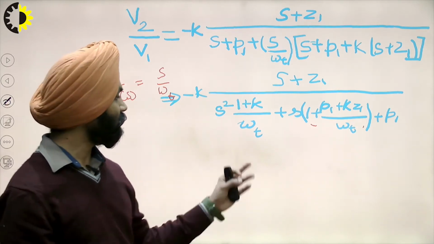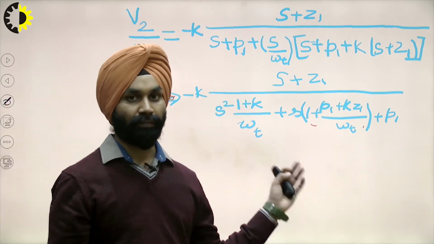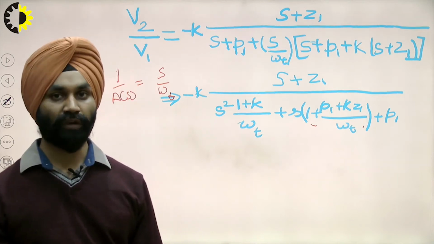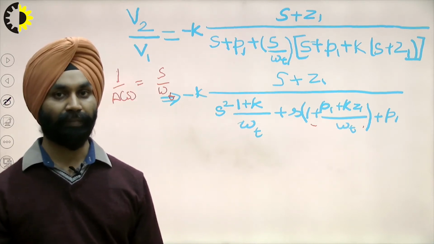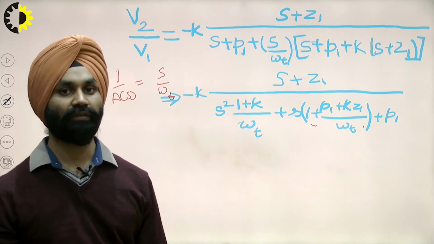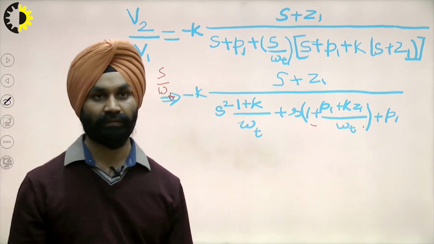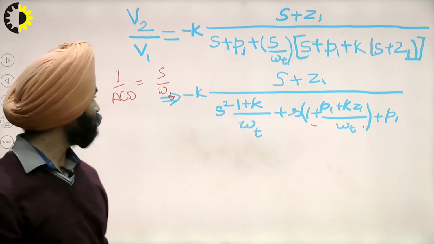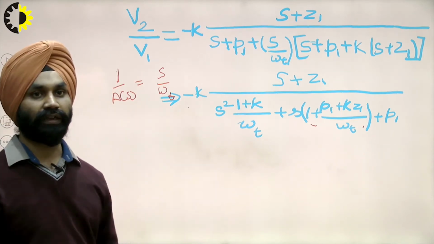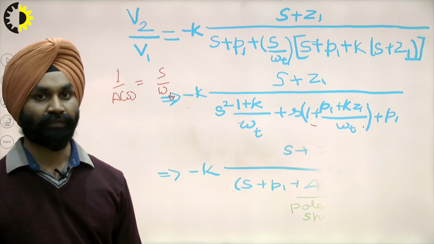Omega t is the non-dominant pole, the op-amp's model frequency. s is the s plane, and the minus shows that we are using the non-inverting op-amp configuration.